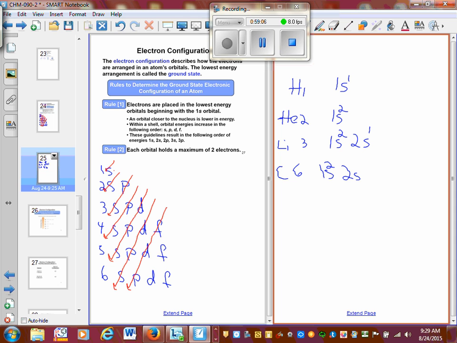What's the next one? I've only used 4. I got 2 more left over. What's the next box? 2p. You always got to have a principal energy level 2p. How many electrons did I put in there? 2. Now I have 0 left. So the electron configuration for carbon is 1s2, 2s2, 2p2. So that tells me where every electron is.